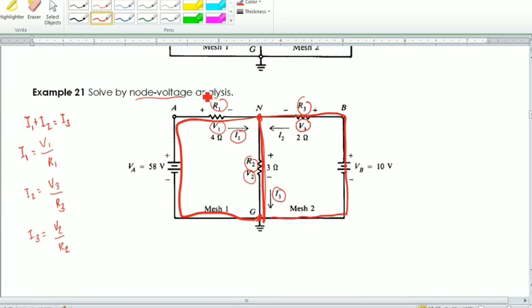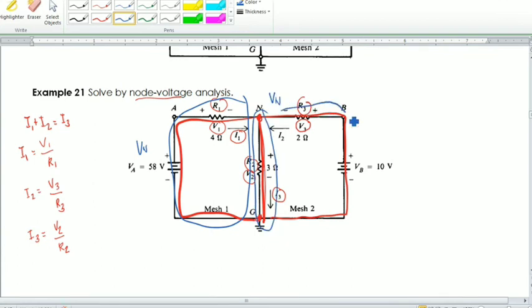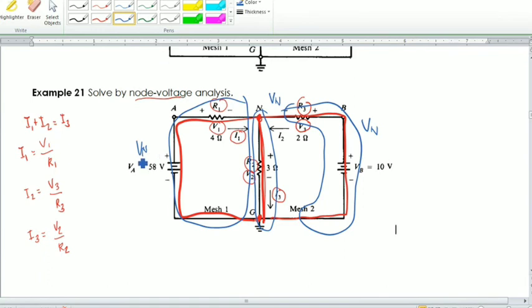This blue one here is your V sub N, as well as here. This is also your V sub N, and this one there is also your V sub N. Now, looking here, we may be able to solve first for the V sub N, or the value of the node voltage, so that we may be able to solve for each of the voltage drops.